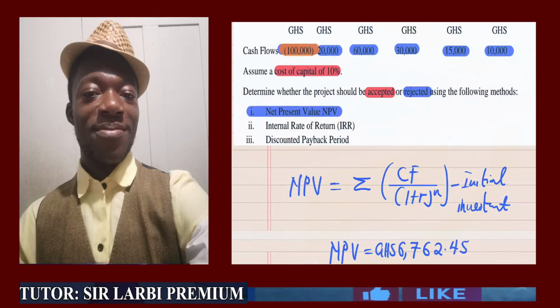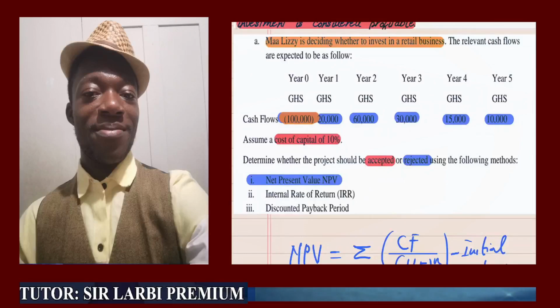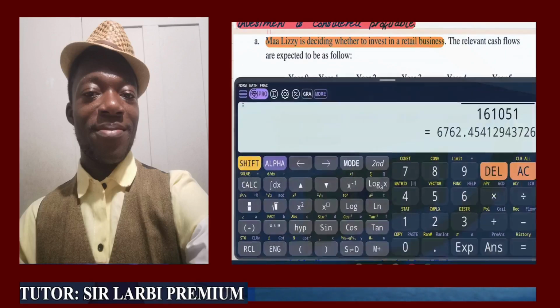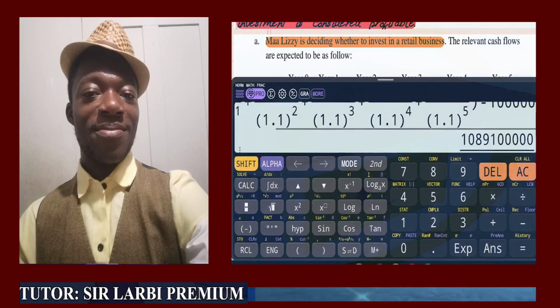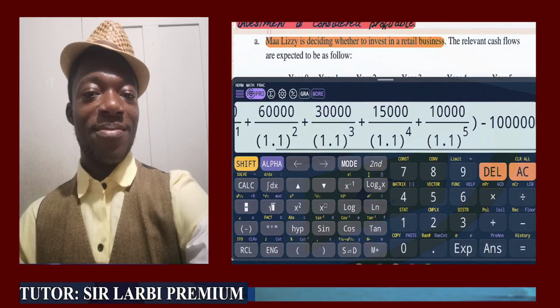That means that we will accept the investment that Mami Lizzie is deciding to make in a retail business. So let's take note of that. And that brings us to the end of our discussion on the net present value calculation.